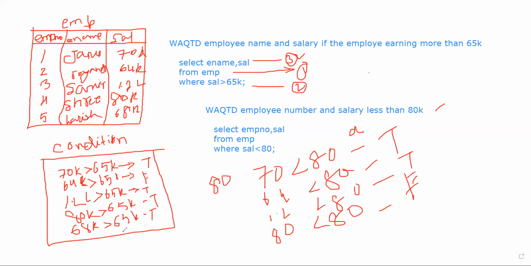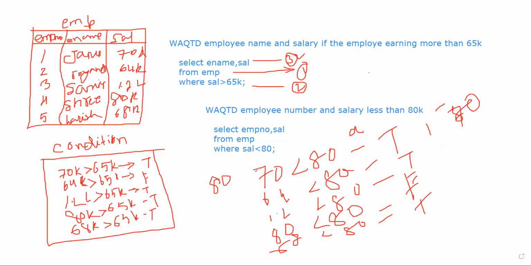Okay, then 68K less than 80K. True, sir. It is true, right? So how many are true, guys? 1, 2, 3, 4, 5. Then 3 is true, right? 70, sorry, 70 is true.